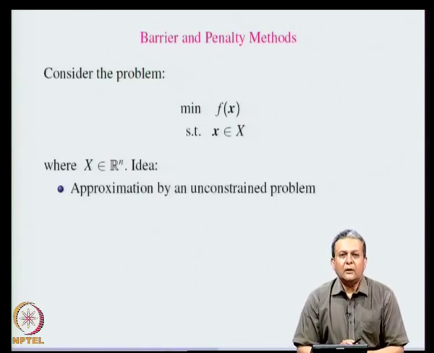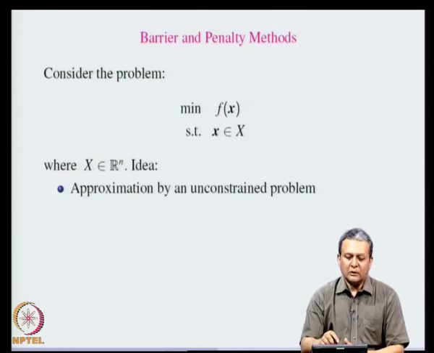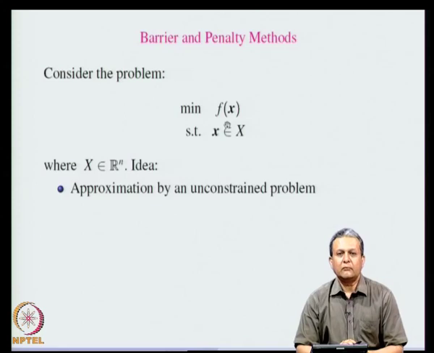Now, the idea in these barrier or penalty methods is to approximate this constrained problem by an unconstrained problem.